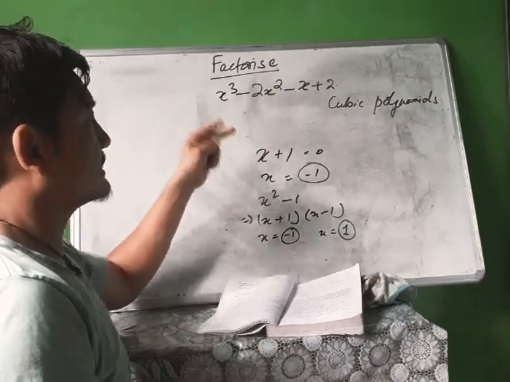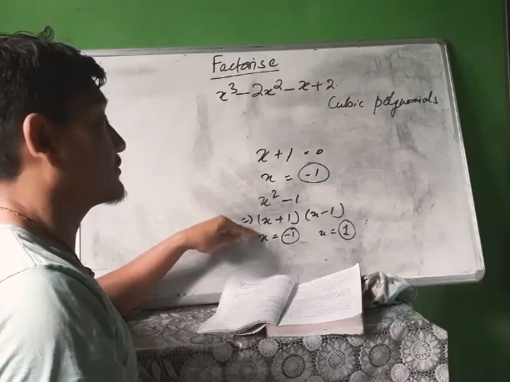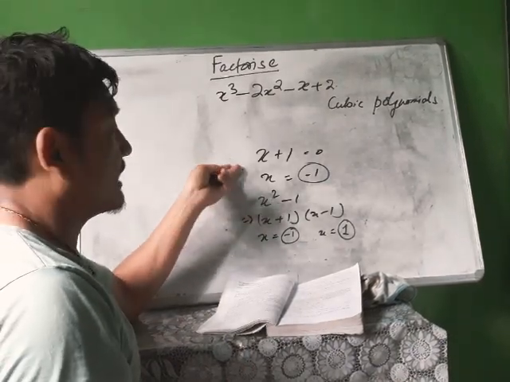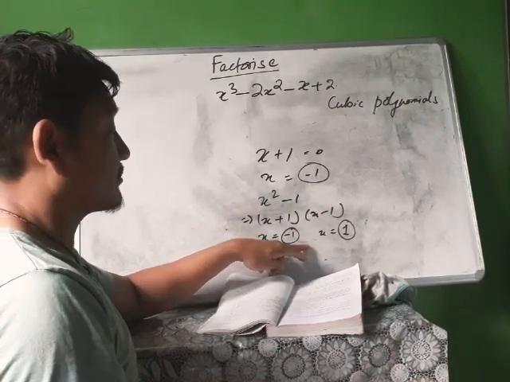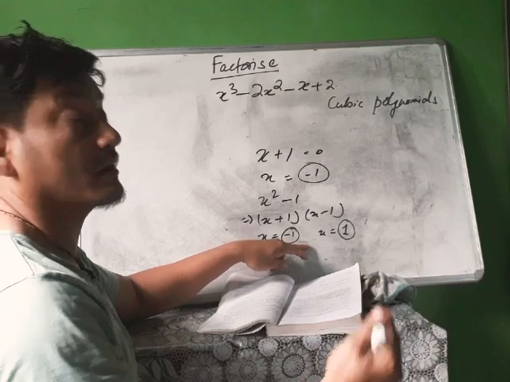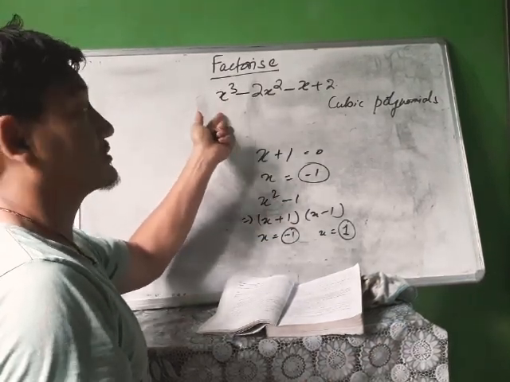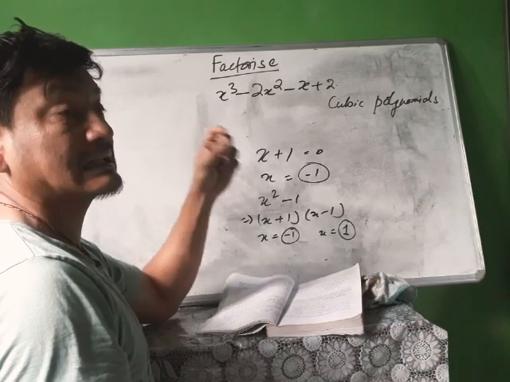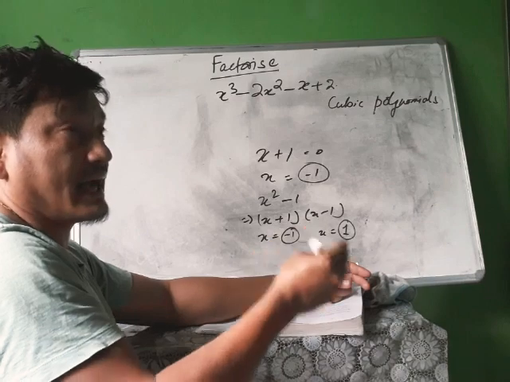As you can see here, linear and quadratic polynomials always have a certain number of roots. If you talk about the linear polynomial, you will have one root, and for the quadratic polynomial, you will have 2 roots. Likewise, for a cubic polynomial, you will have 3 roots. 3 roots means the values of x.